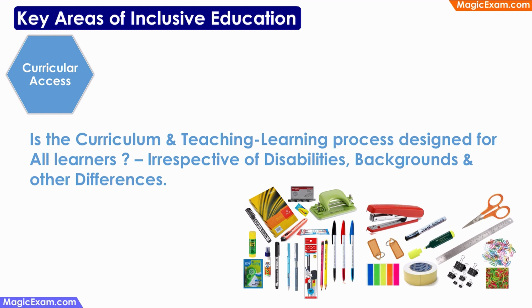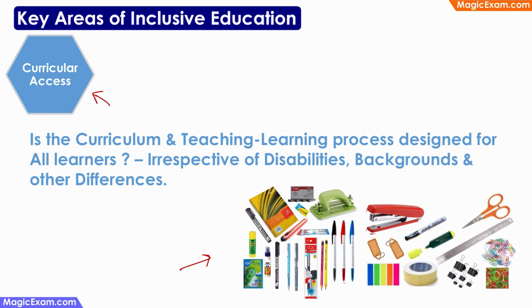Another important aspect is curricular access. That is, the curriculum and all the activities that are being conducted in the classroom should be designed in such a way that they are accessible and affordable for all the students in the classroom, irrespective of their background. For example, in some schools, there are some activities which require children to buy some expensive stationery kits.